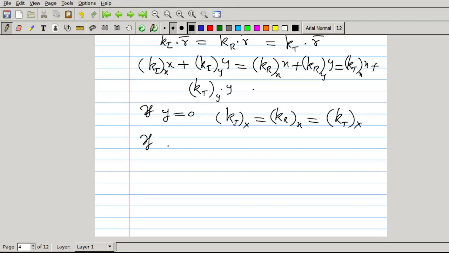If I take the x component equal to 0, then we will have k_iy equal to k_ry equal to k_ty, the transmitted y component.